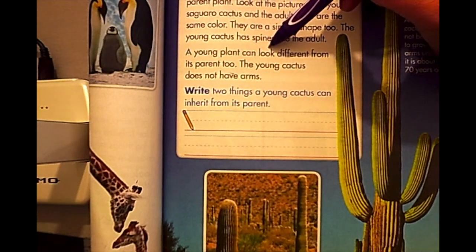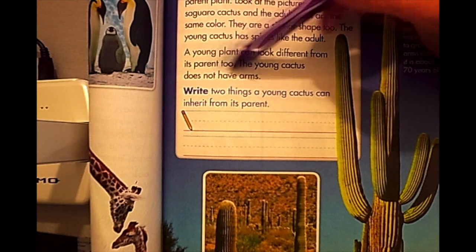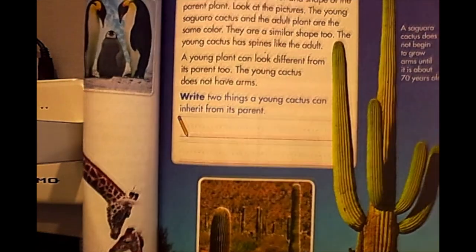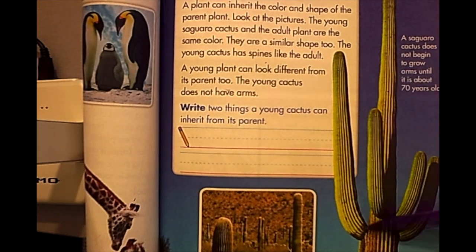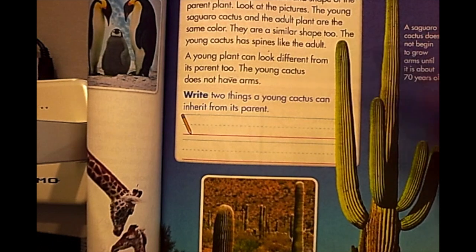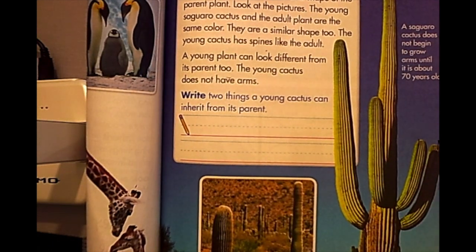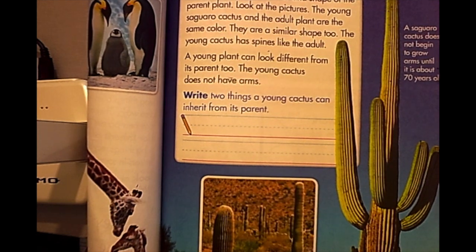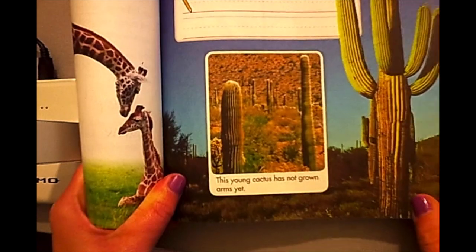A young plant can look different from its parent too. The young cactus does not have arms. So this is an adult saguaro cactus. It does not begin to grow arms, which these are the arms, these long things coming out. This is a cool bit of information too. It doesn't start growing arms until about 70 years old. So look down at this picture.